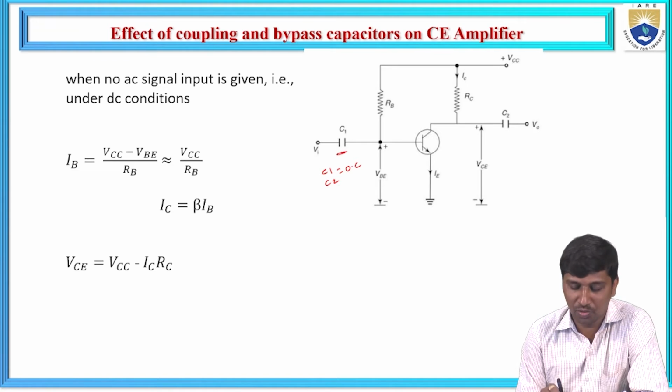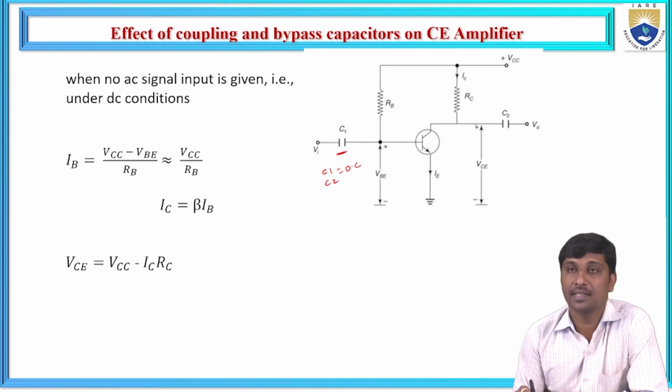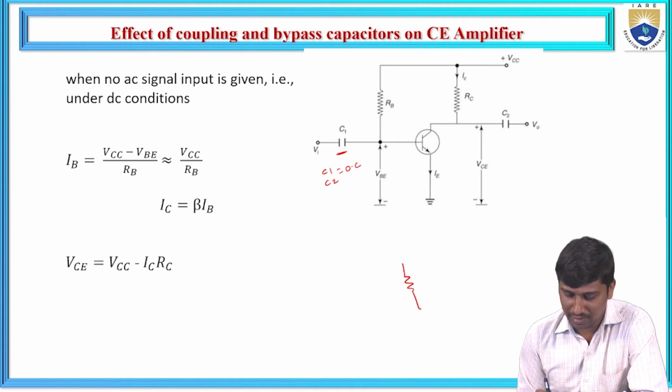What are the capacitors we used here? The C1 capacitance and the C2 capacitance. These two act as an open circuit. So the circuit looks like this: it is represented as RB, and it is biased with a collector resistance RC and RB.